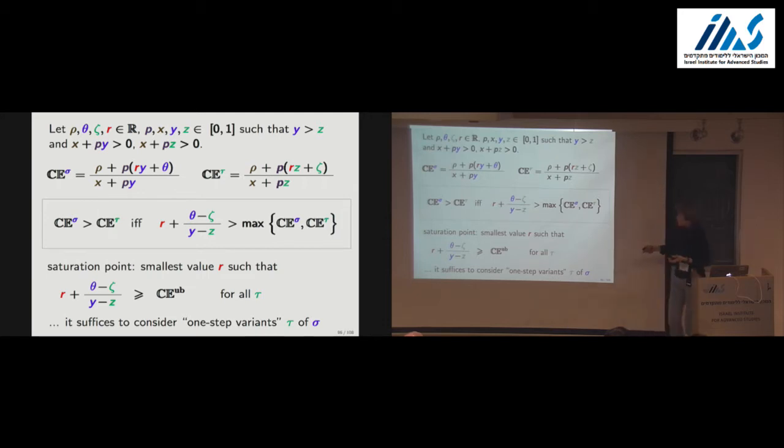It's sufficient to fix this optimal scheduler here and just to look for the one-step variance. So you might move one step different from this chosen scheduler, but from then on you can plug in the values that you already know for that scheduler. So altogether, this gives you polynomially many linear constraints, and then you can seek the smallest value r satisfying all these constraints.